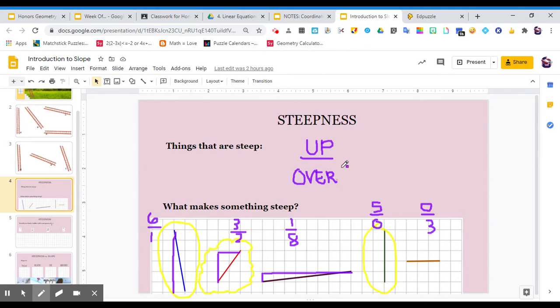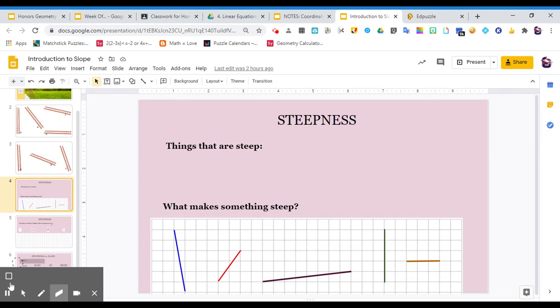Sometimes people call this rise over run. The ones that are steeper rise more than they run, significantly. And the closer that difference is, the less steep. And as we get really shallow, the bottom number is bigger, the run is bigger, but the rise is much less.